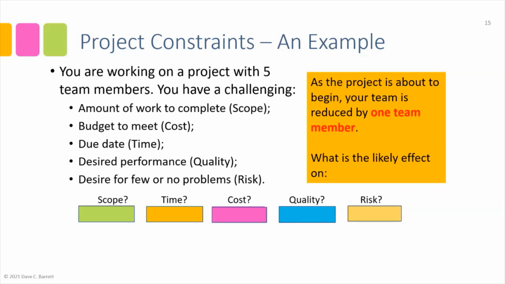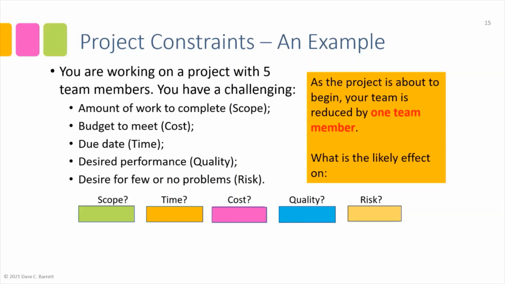Now, again, we would try our best. You'd try to have your 4 team members work as effectively as possible. And that is a given. But if we keep all of the other things frozen, now, when we're doing this, we're going to consider scope, but we're going to say, without increasing the cost, without delaying the project, without changing the quality or the risk, what would happen to scope?